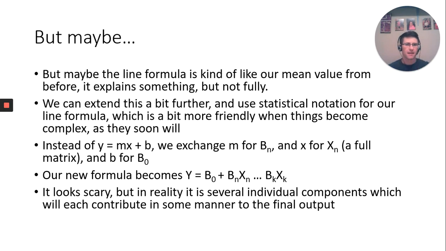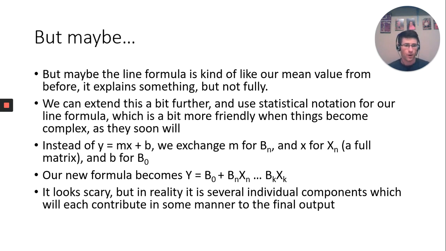The one thing I want to mention, though, is we have a line formula, which is great, but maybe it doesn't explain our data fully. So we can go a bit further. Instead of saying y equals mx plus b, we can use statistical notation, which actually bothers me significantly, that we've converted from a very easily memorable formula to something a little more complex.